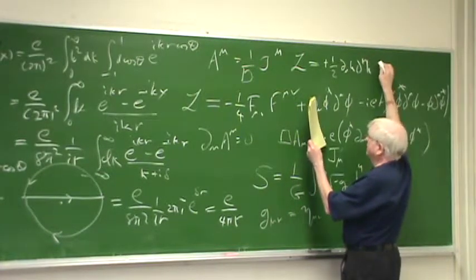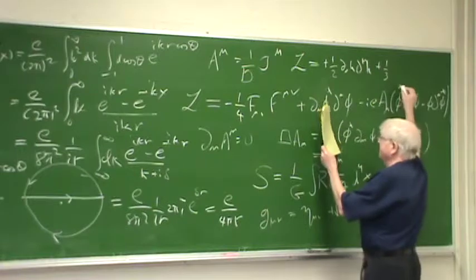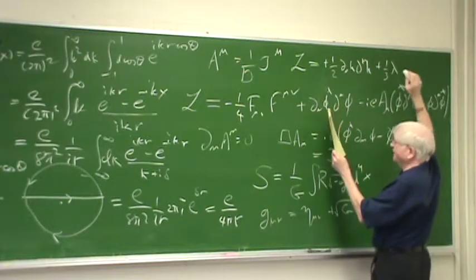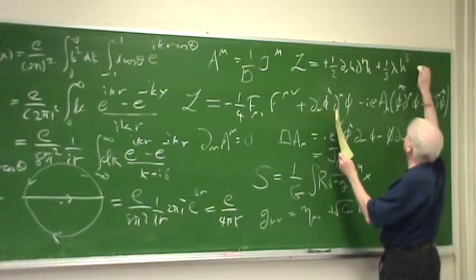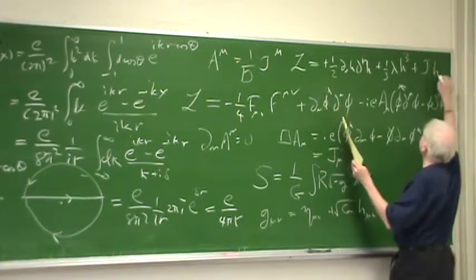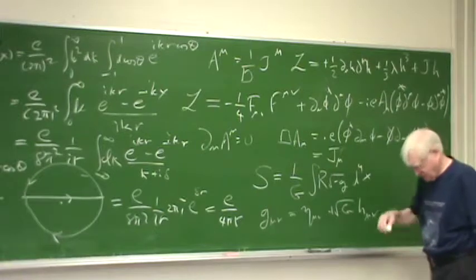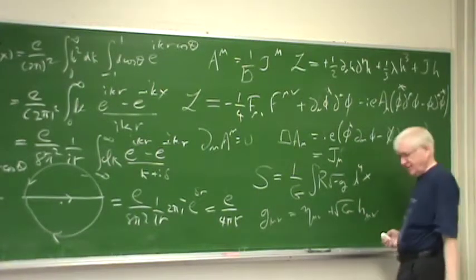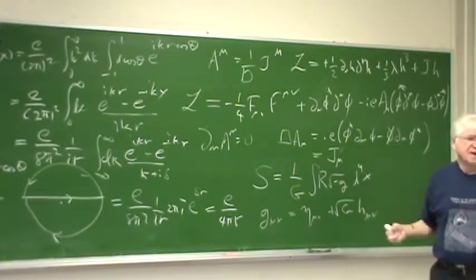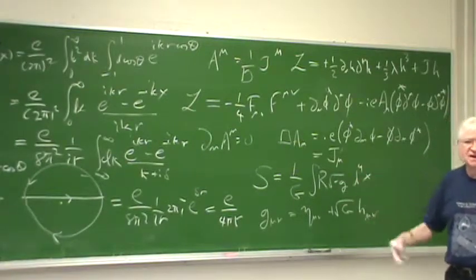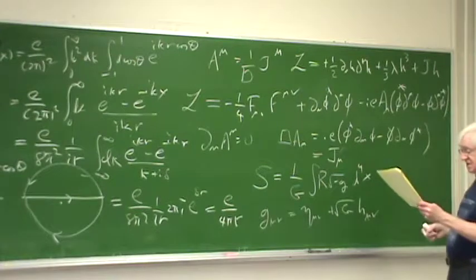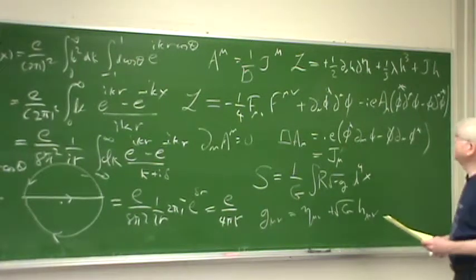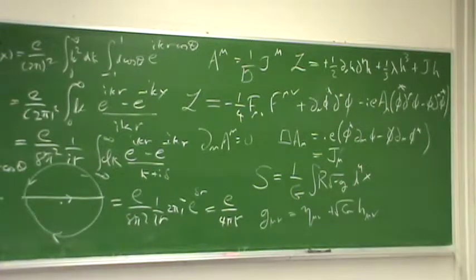and then plus, let us say, a third lambda, where lambda is something like square root of G, h cubed, plus some constant j. J is not a constant. J is a current. It would be a source term. It would be energy momentum of matter fields that couple into this scalar gravity. And so then our field equation would be something like this.